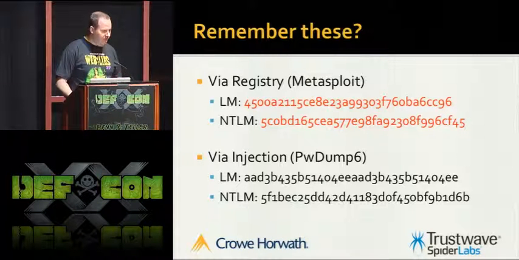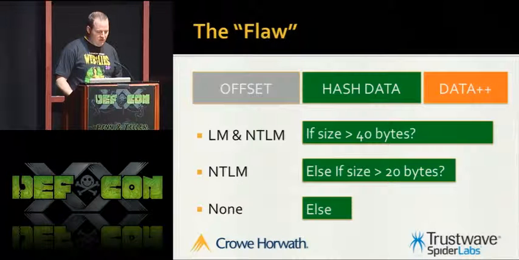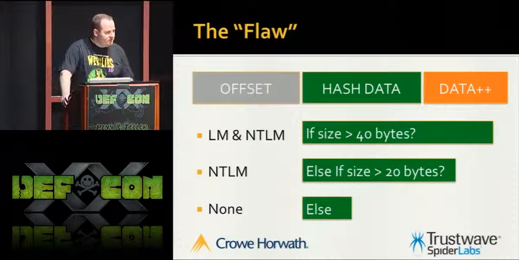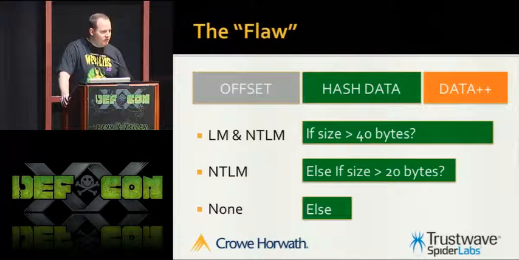So let's look at this logic one more time. Like Ryan said, we focused on Metasploit, so that was our primary goal, debugging and trying to figure out what was going on. And we did have some samples that actually yielded these corrupted hashes.